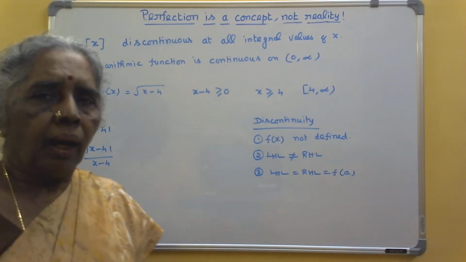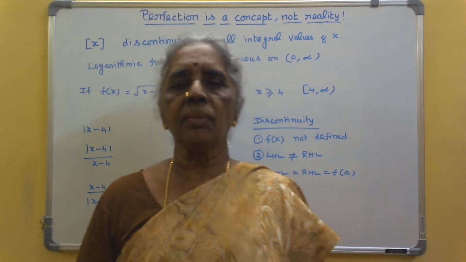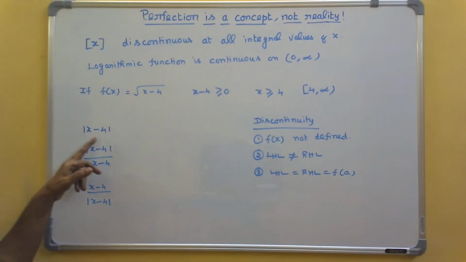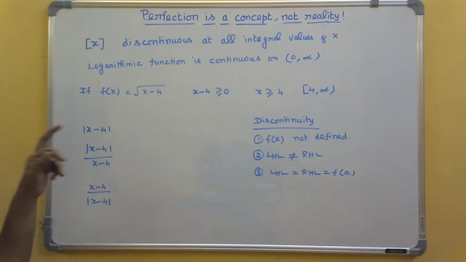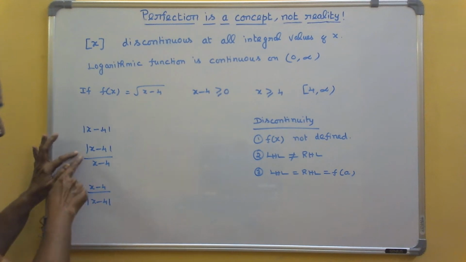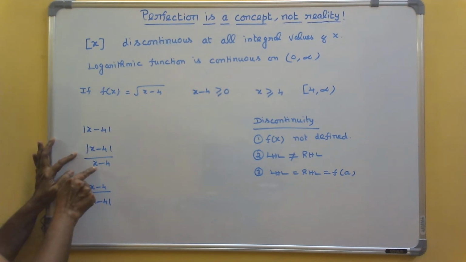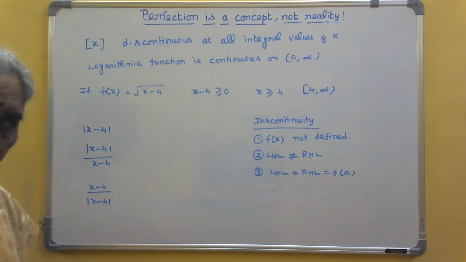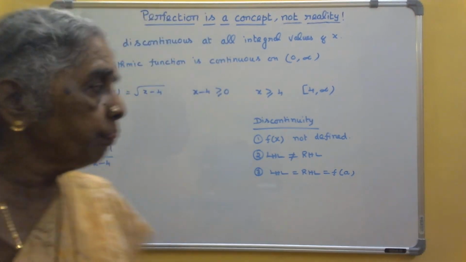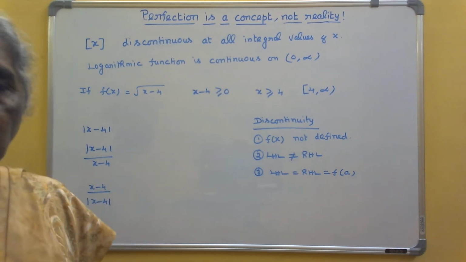Now I told you a modulus function is continuous everywhere. But you look at these three things. Mod x minus 4, it is a simple modulus function. Definitely it is continuous everywhere. But you look at the next. Mod x minus 4 by x minus 4. X minus 4 by mod x minus 4. Now these two functions are like f of x by g of x, isn't it? So f of x is continuous, g of x is continuous, that is correct.